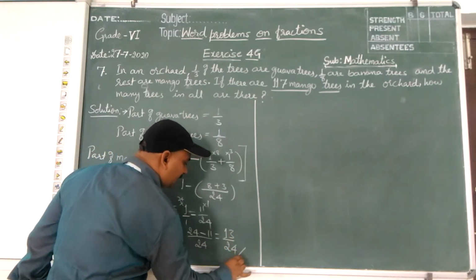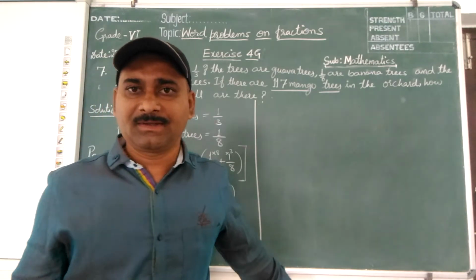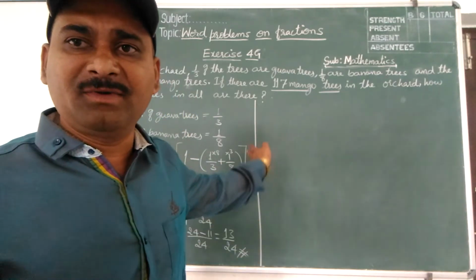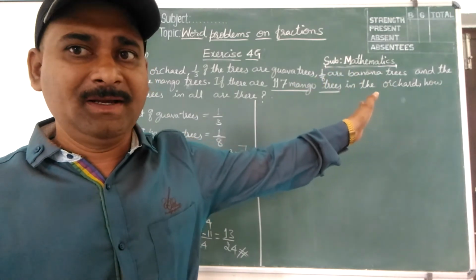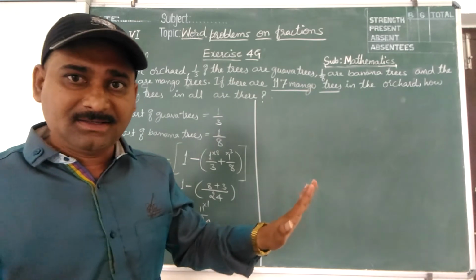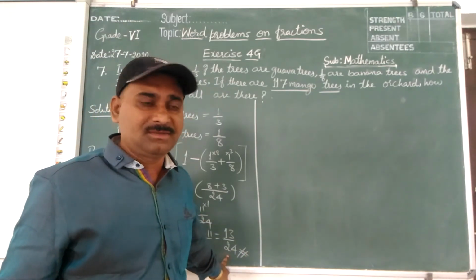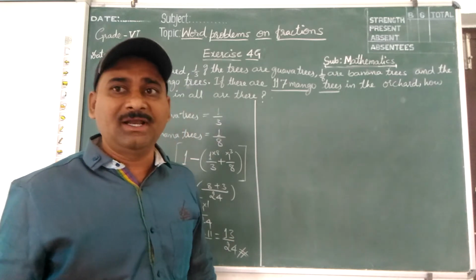Children, the mango tree count is of course given in the form of a number, 117. But to get the total number of trees, I need the mango trees in the form of a fraction. So this is 13 by 24.